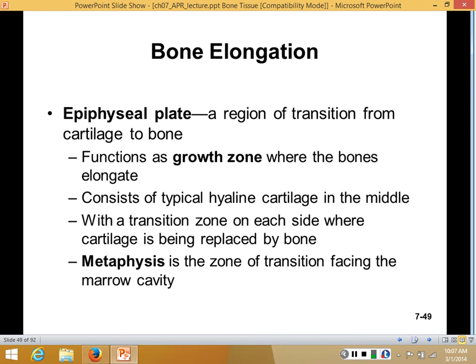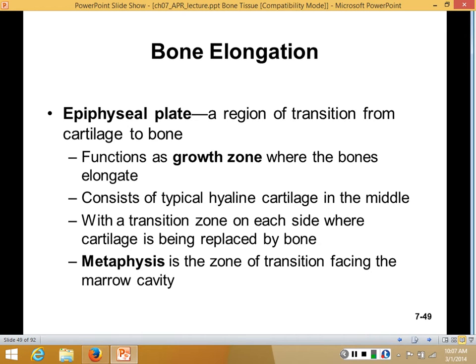There's that epiphyseal plate again. I don't know why they keep bringing this thing up. Metaphysis is the zone of transition facing the marrow cavity. Okay, if you look at figure 7.12, look at zones 1. They're showing you zones 1 through 5. Guys, they're showing you all 5 zones right there in the epiphyseal plate.